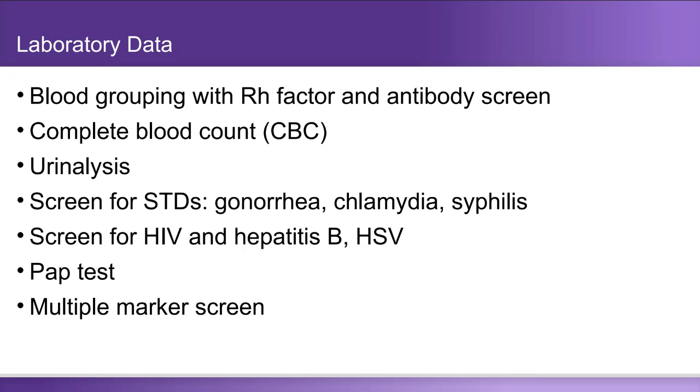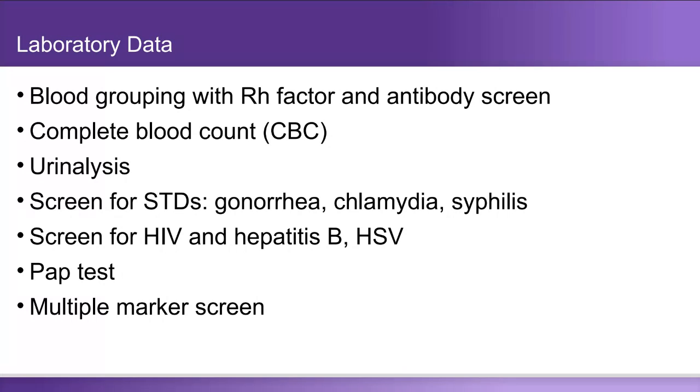We also, at the first visit, will do, as I said, with the speculum exam, a pap smear. And then women are also offered an opportunity to have what's called a multiple marker screen. I actually don't see these much anymore because they've been replaced with DNA testing.